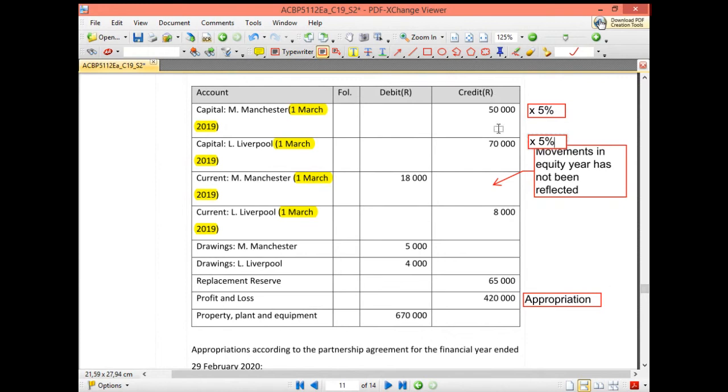Okay, so we would add the 50 and the 70,000. So our interest on capital, if you do the total calculation, would have been a value of 6,000 Rand. Okay. So that is for those two.